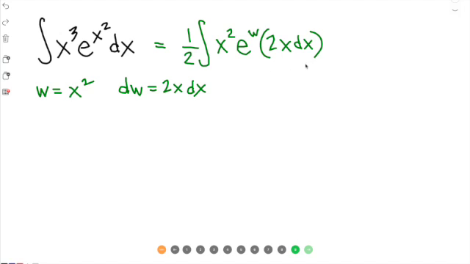Or in terms of w, that would be equal to 1/2 integral x squared e to the, x squared is w. Okay, w is equal to x squared, so we write it as w e to the w, and 2x dx is dw.